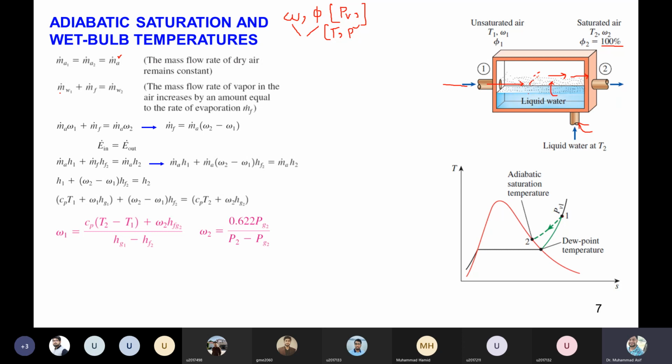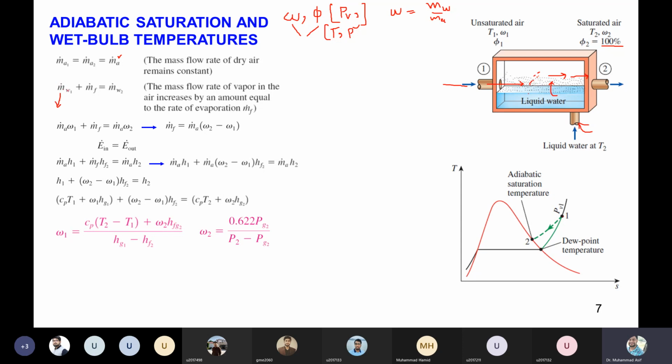And you know that we can convert this mass of the water vapors in terms of MA omega 1, because the definition of omega is the mass of the water vapors, MW divided by MA. So we can have the mass of the water vapors as omega times MA.